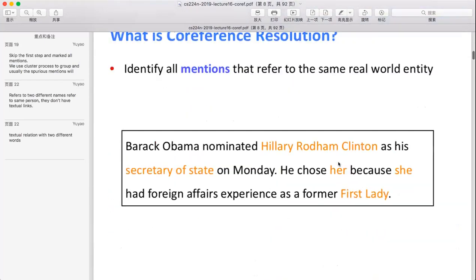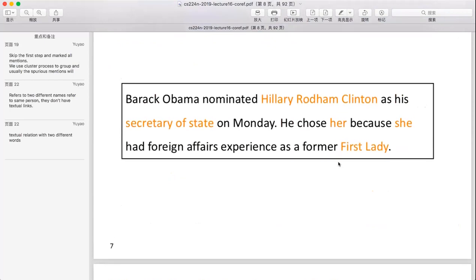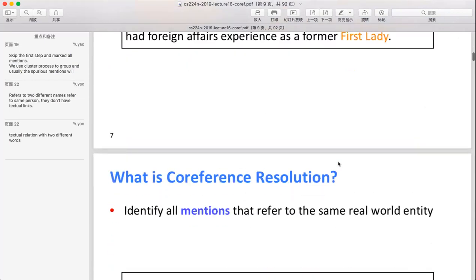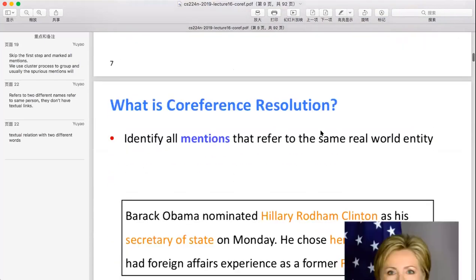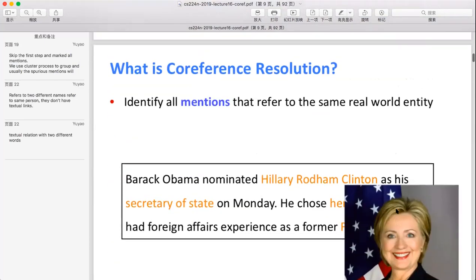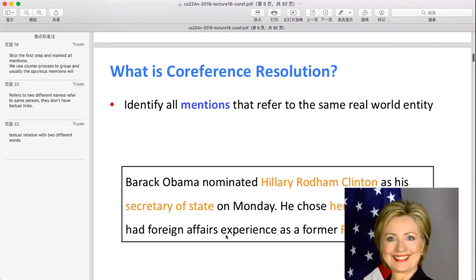Same here: for Hillary Rodham Clinton, we identify all those orange words as the same person, this lady. Since all those orange mentions refer to the same person, they are coreferent with each other. So that's the meaning of coreference.